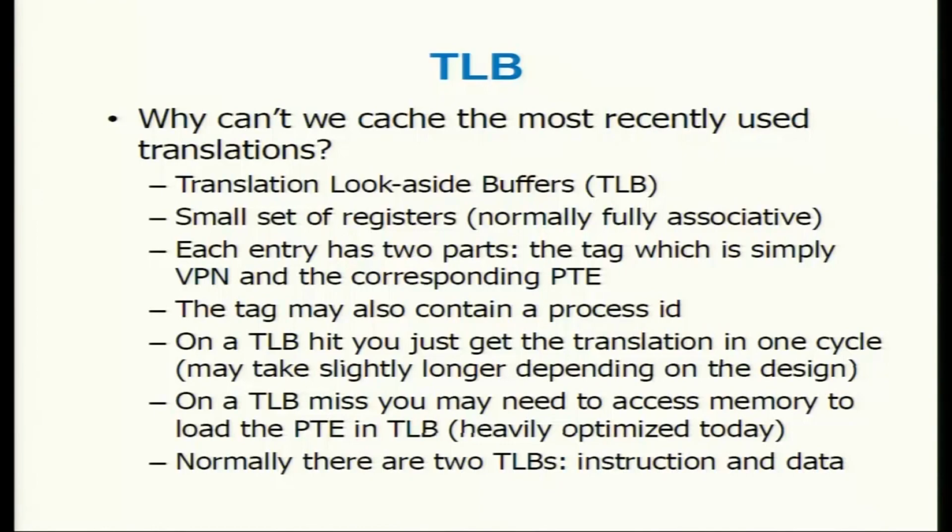And that's why I want to cache it inside my translation lookaside buffer. So this is inside the processor, very fast, just as fast as your caches. And if you can find the translation in your TLB, then it's a TLB hit. You don't have to go to the page table to fetch it. But if you miss in the TLB, then you have to go and fetch it from the page table.